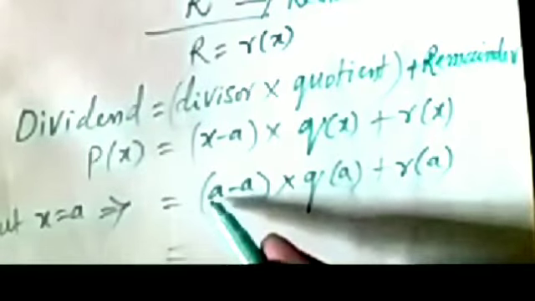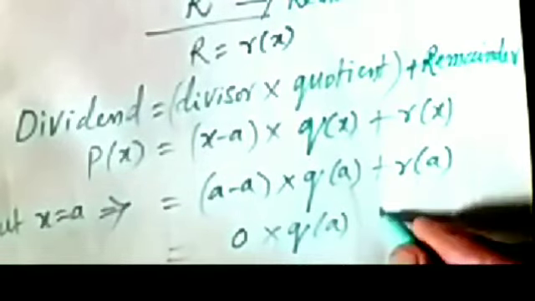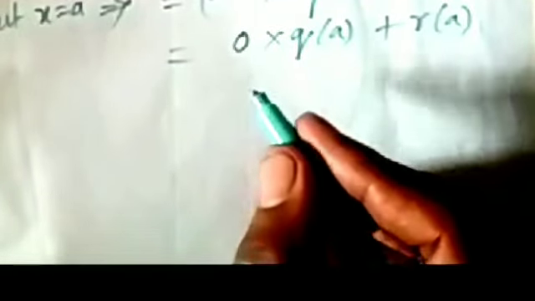The first bracket, a minus a, becomes 0, into q of a plus r of a. Now 0 into anything is 0. So 0 into q of a equal to 0, plus r of a. So what have we got? p of a equal to r of a.